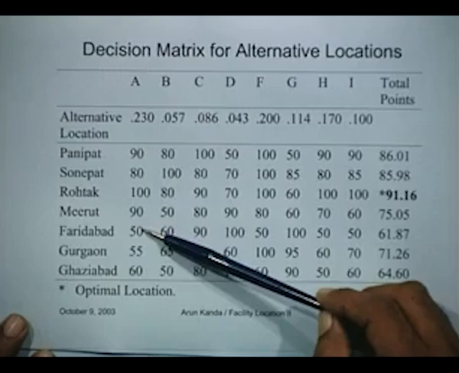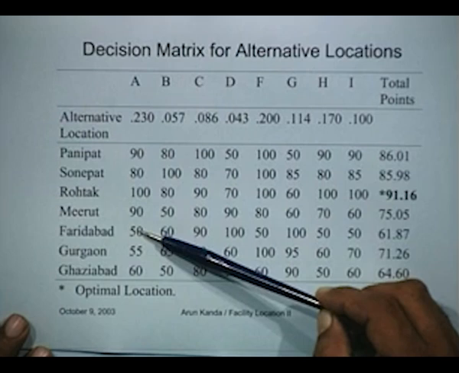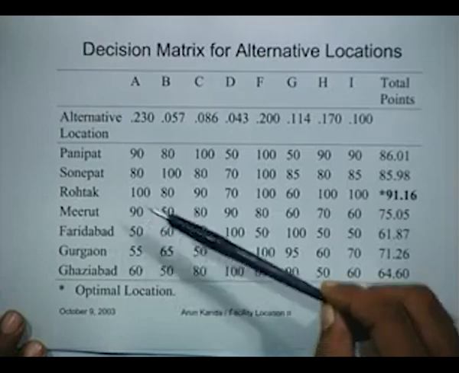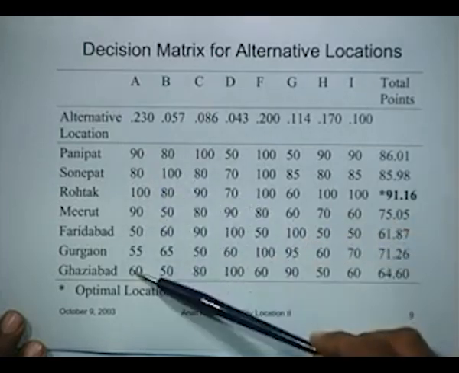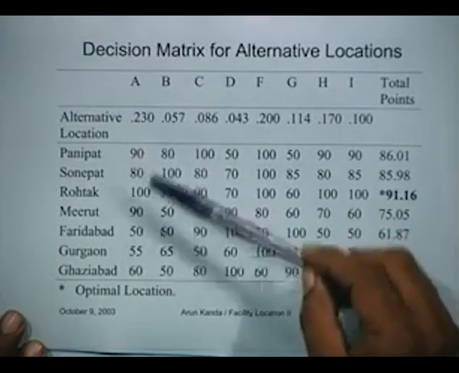Why was Faridabad the worst? Although it was an industrial town, there were already a large number of industrial units set up, so availability of raw material was more difficult as compared to other locations. So this was the scheme, and this is on a normalized scale of 50 to 100.